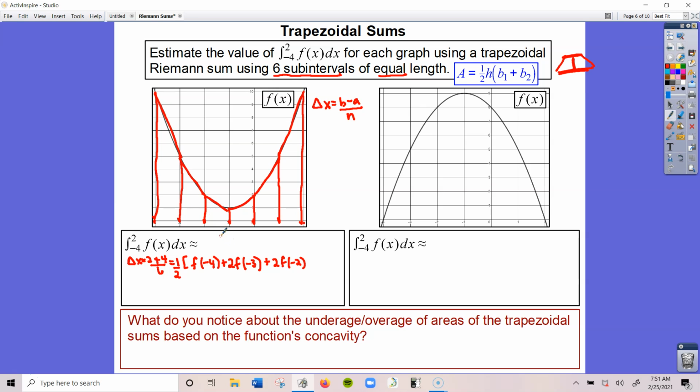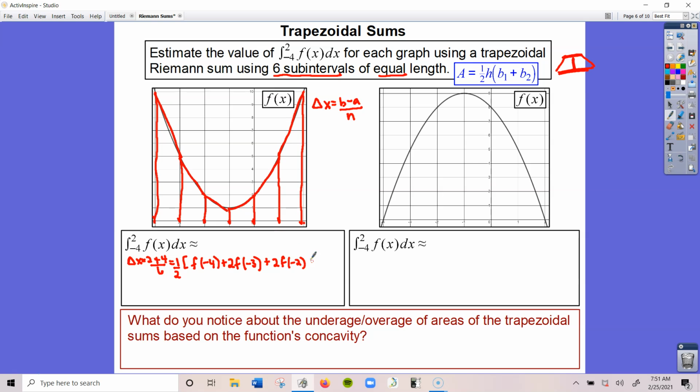So when you're writing your trapezoidal sum, basically you have the first height, which is only once, and then all of the heights afterwards and in between are twice because it's going to repeat for every single trapezoid except for the last. So once for the first, double for all of them except for the last one here.